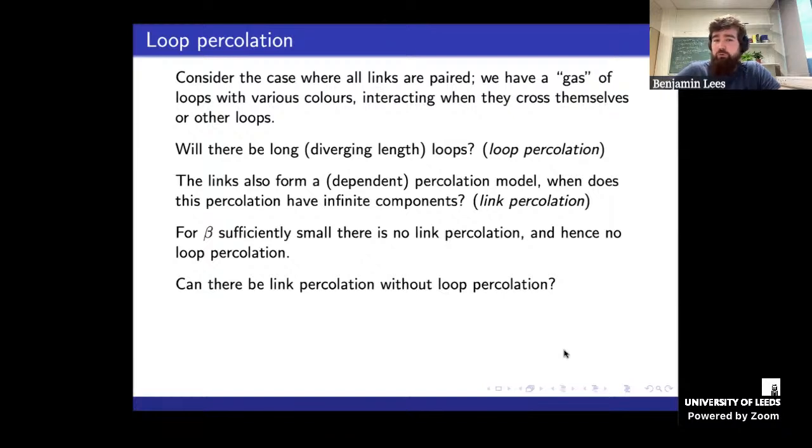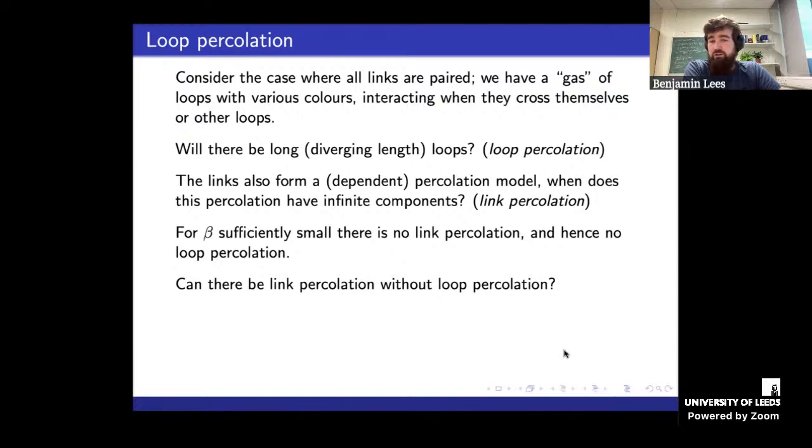So the links themselves are like a dependent percolation model. We could say we have a percolation model such that an edge is open if it carries at least 1 link, and if it carries no link, then it's closed. And then the loops live on top of this percolation, which itself is a very dependent percolation, depending on the vertex weight function u, and so is perhaps very difficult to analyze, but we can still ask the question, even if we can't necessarily answer it.